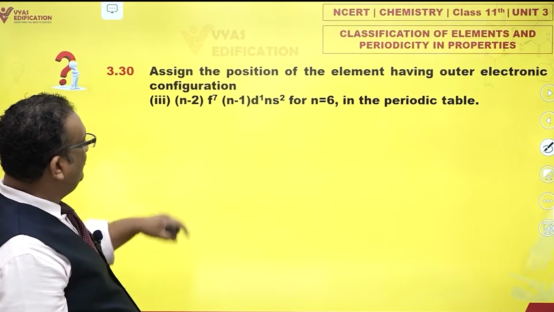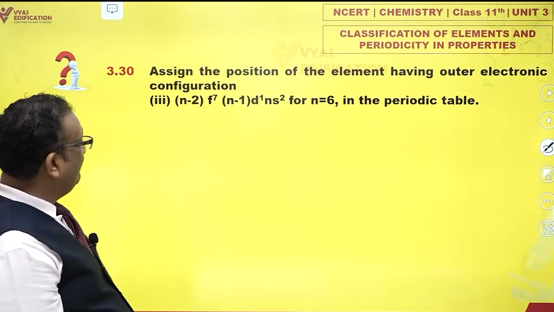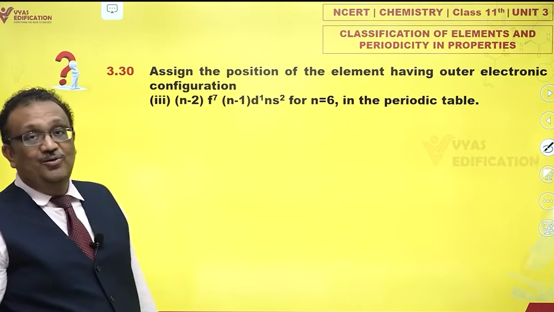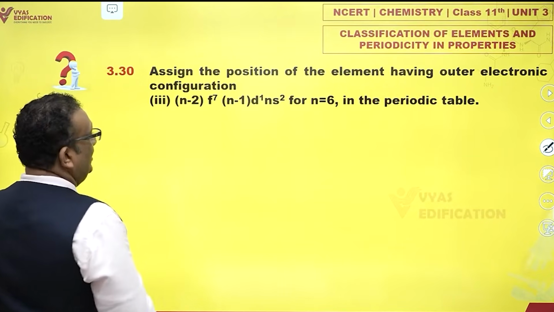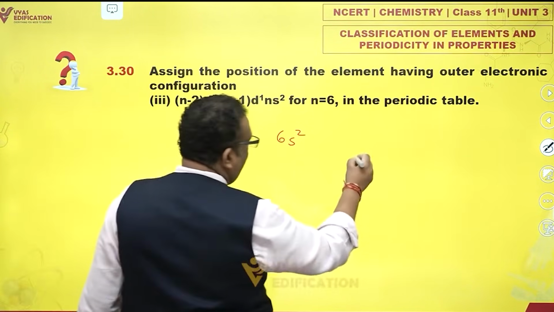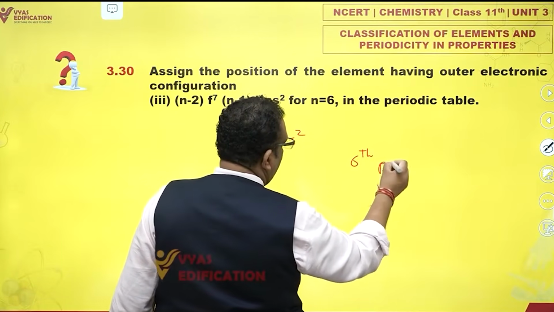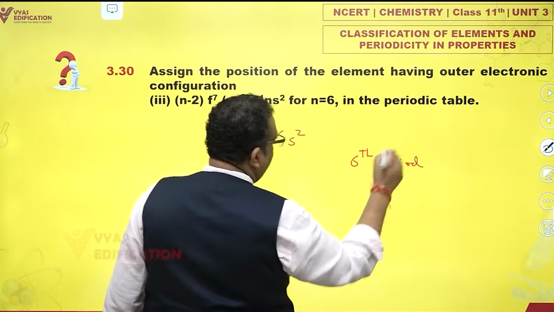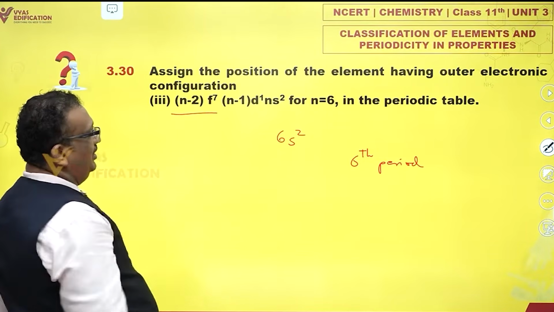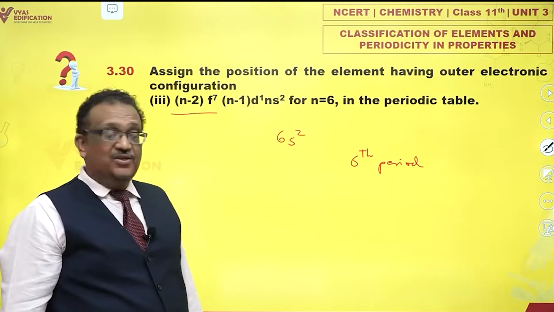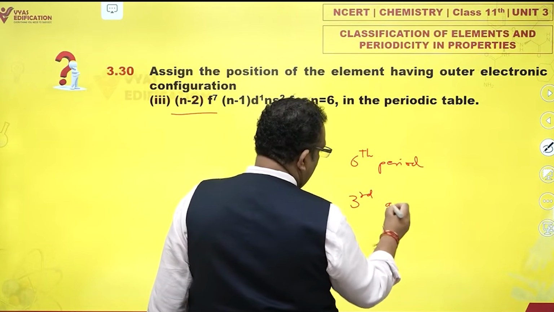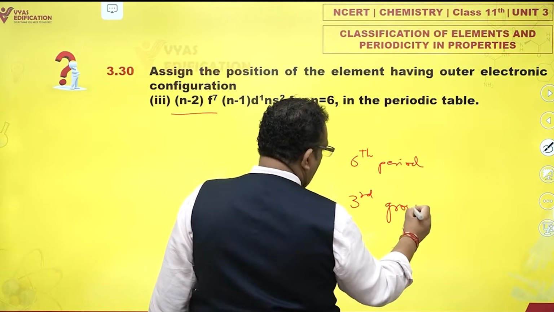And what about this N minus 2 F7 N minus 1 D1 NS2 for N is equal to 6 in the periodic table? This sounds even more exciting. You have 6s2, so it is 6th period. Excellent. It is F subshell. If it is F subshell, that means F subshell is entirely in third group. So they are talking about third group.